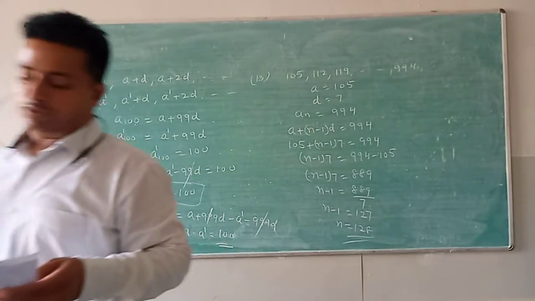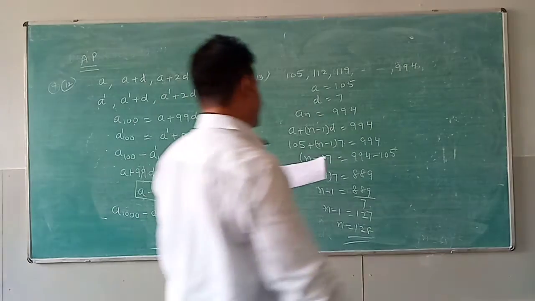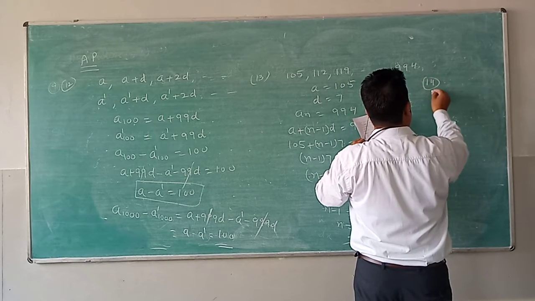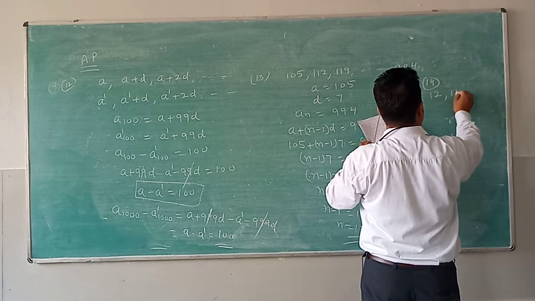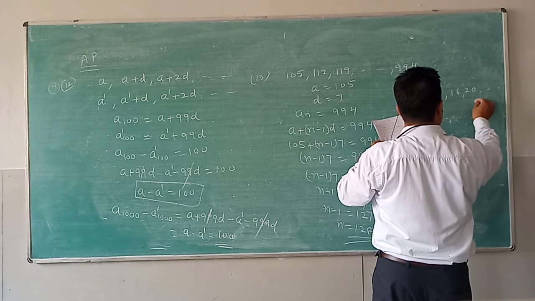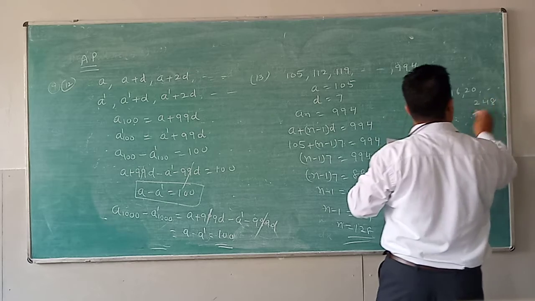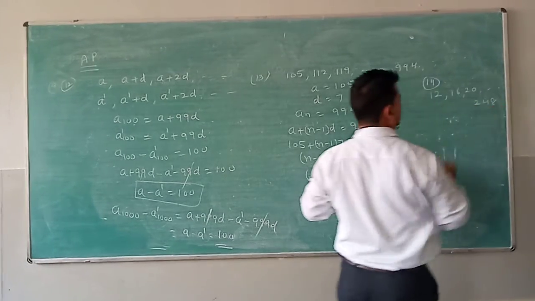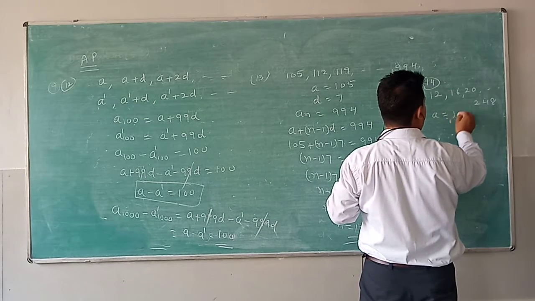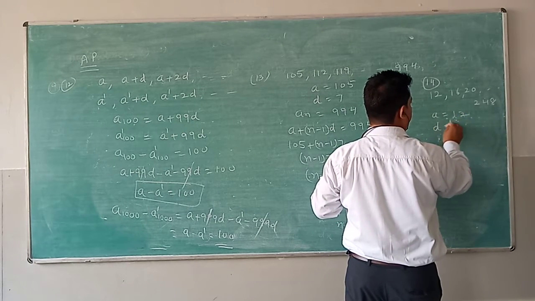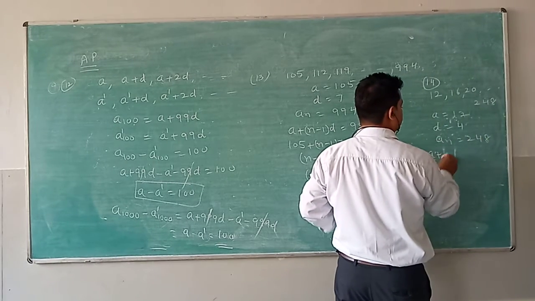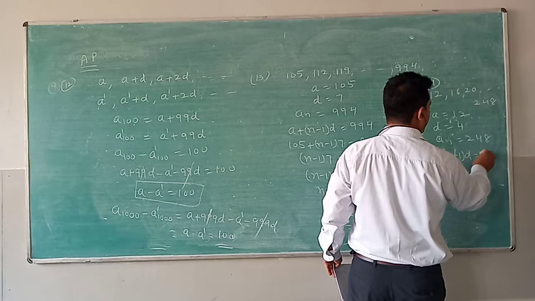In the next question, how many multiples of 4 lie between 10 and 250? As we know, after 10 comes 12, then 16, then 20, which are multiples of 4, and the last one is 248. This means before 250, 248 is the number which is a multiple of 4. So d is 4, an is 248. an is a plus n minus 1 into d.